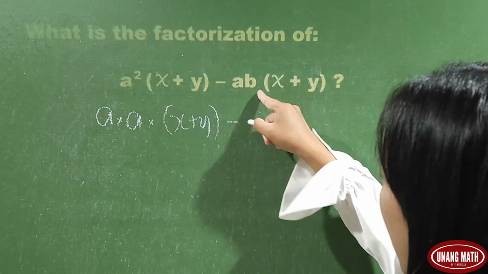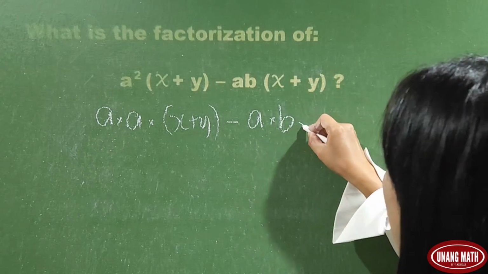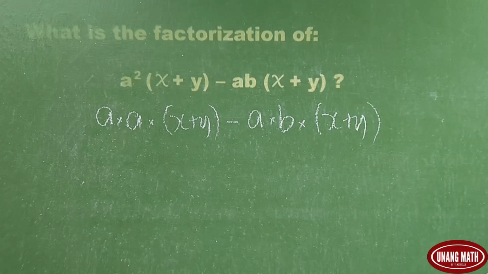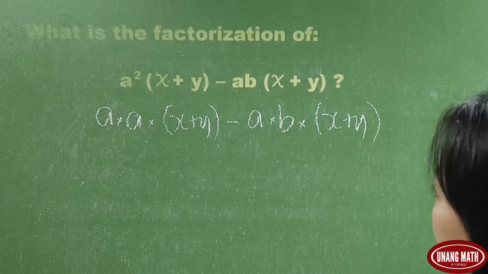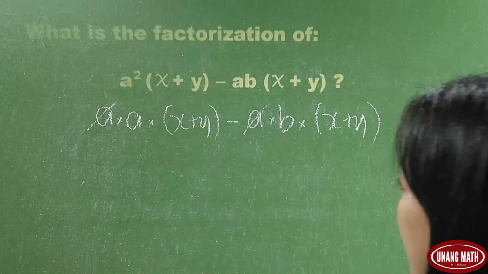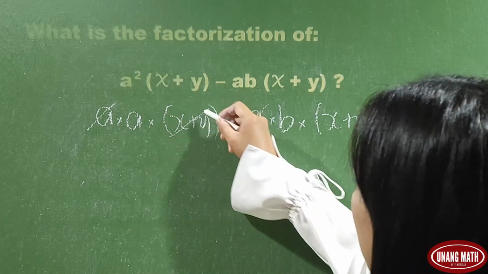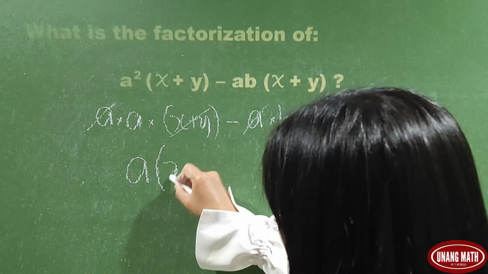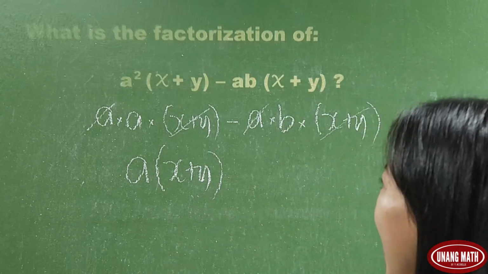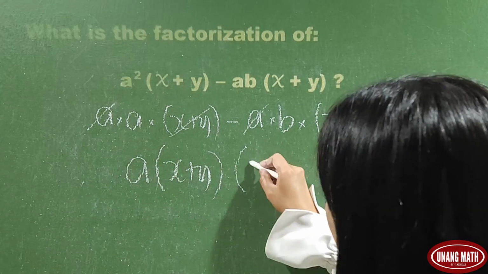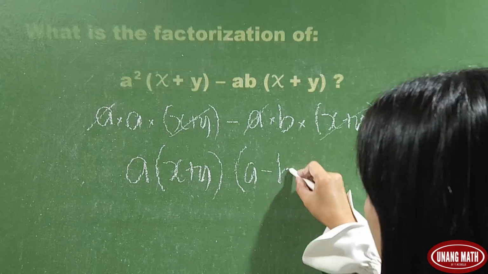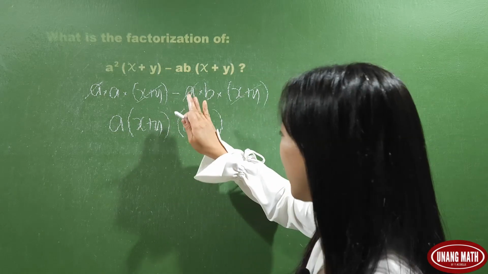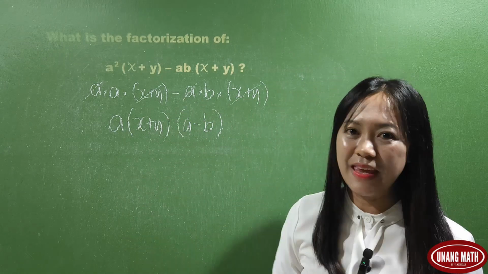Minus ab would mean a times b times (x plus y). Check the common factor. A is a common factor. (X plus y) is also a common factor. So we have a times (x plus y), and here we have a minus b. So this is another factor. So a times (x plus y) times (a minus b).